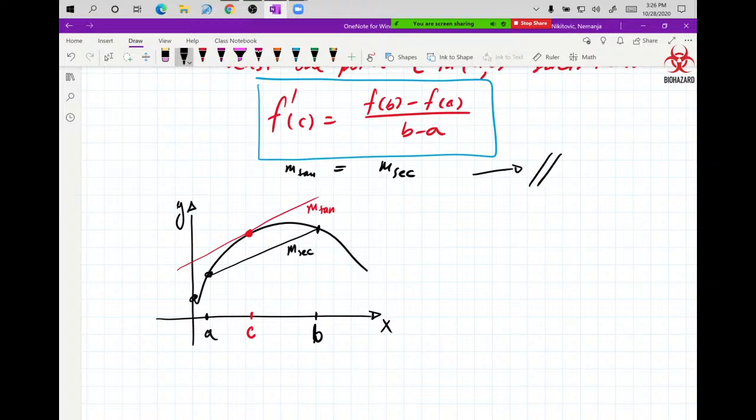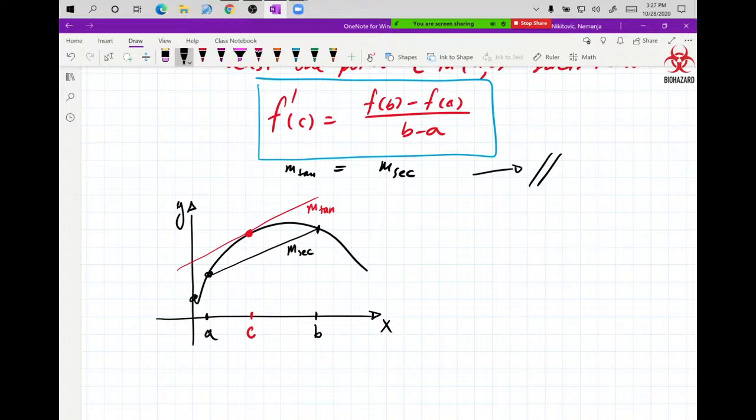So now, when you look at this graph, you realize that you can have many of these depending on what the shape of the graph is. So now we can solve what I call boring problems, where they just say find the value c.